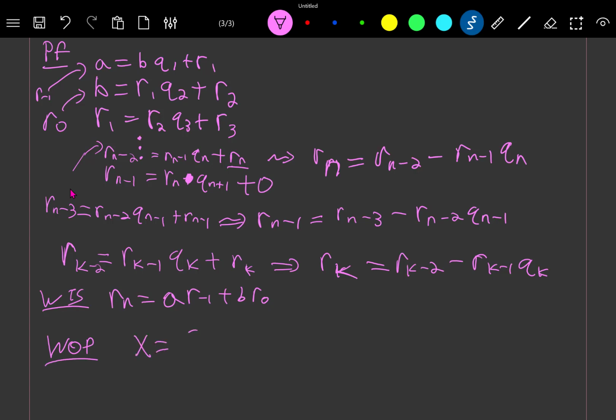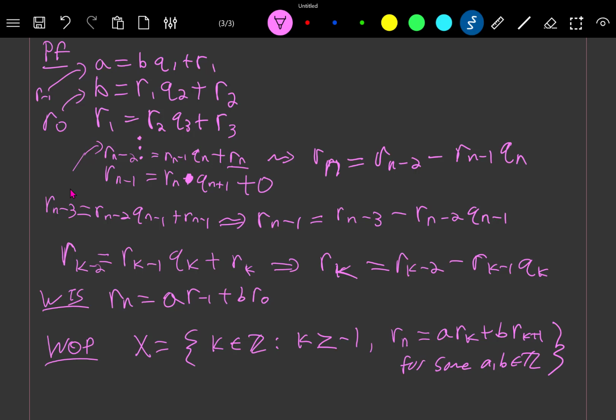If we consider X, it's going to be the set of indexes k greater than or equal to negative 1, such that we have the set of indexes where R sub n can be written as a times R sub k plus b times R sub k plus 1 for some integers a and b.